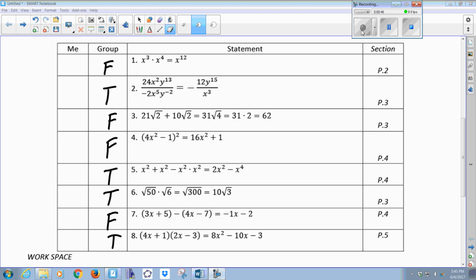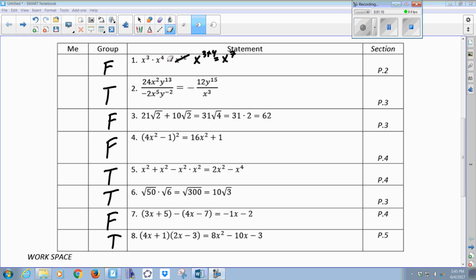Let's recall that when we deal with exponents, we're trying to keep track of the number of factors that we have, because an exponent keeps track of the number of factors. So in this first situation, we have 3 factors of x, and we're multiplying it by 4 factors of x, which is going to give us 3 plus 4, or 7 factors of x.